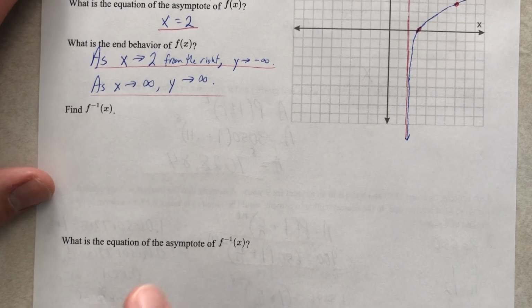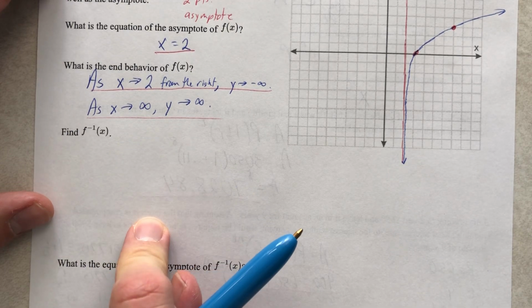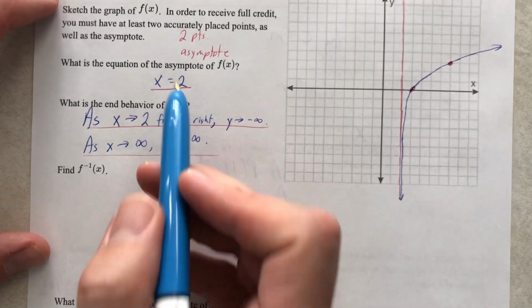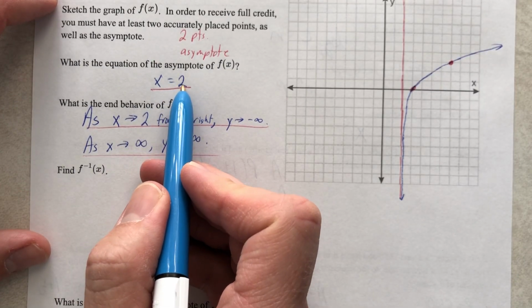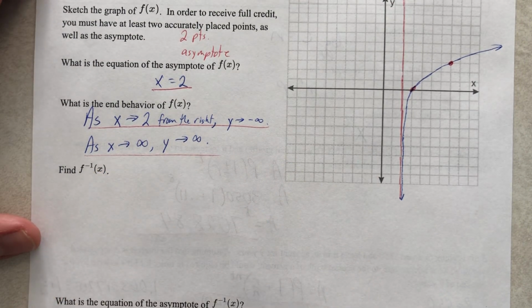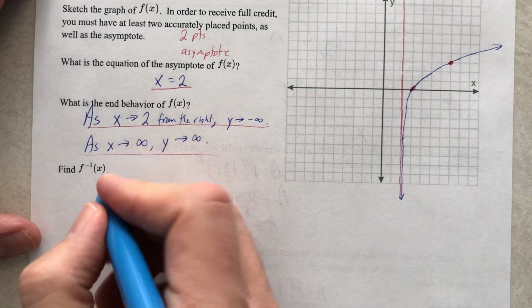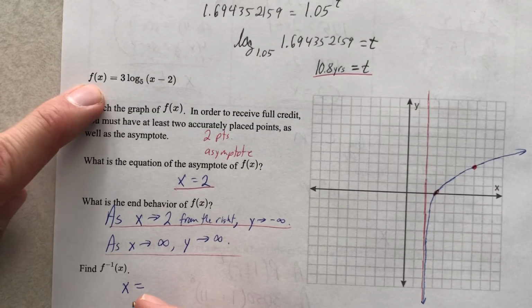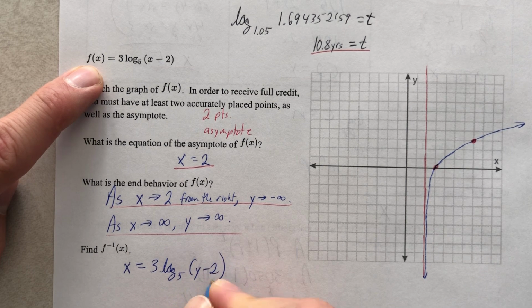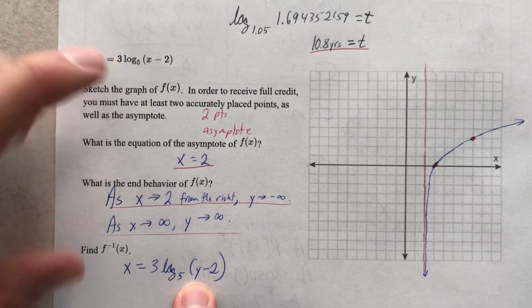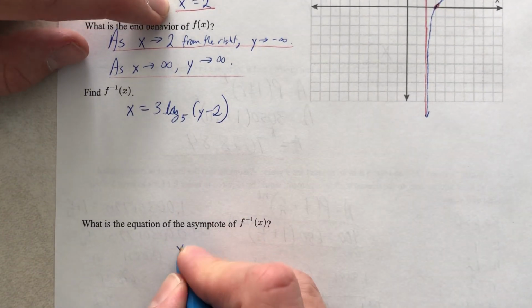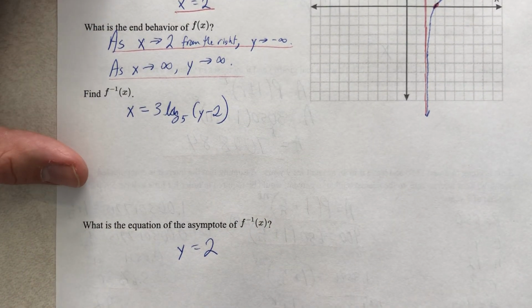If you found the inverse, which we will do in a moment, and you graphed it, then you would have an asymptote not at x equals 2, because you switched x and y. In just a minute, we're going to find this inverse, and when we do, we would take this and call it x, and take that and call it y, and because we switched x and y, we will have switched the vertical and horizontal asymptotes.